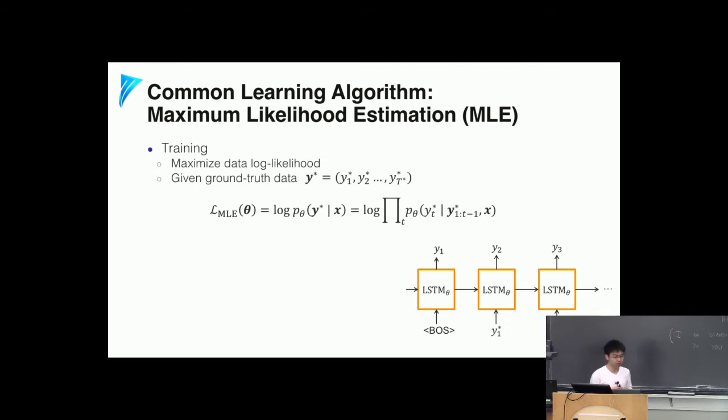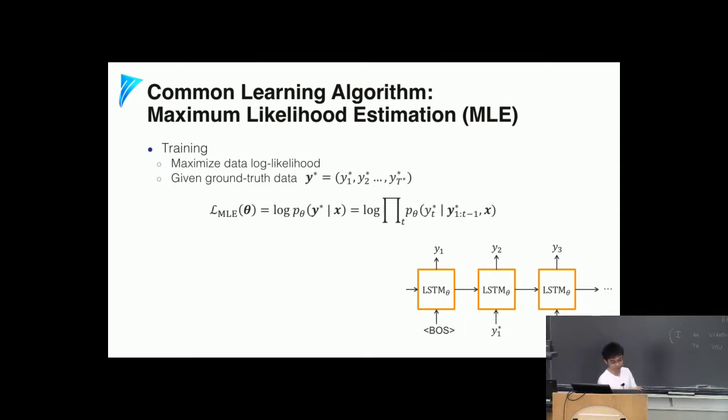Then with this model, how do we learn the model parameters? The most commonly used method is maximum likelihood estimation. That is, at the training time, we maximize this data log likelihood. Given the ground truth data, y star, we maximize the log likelihood of this data.